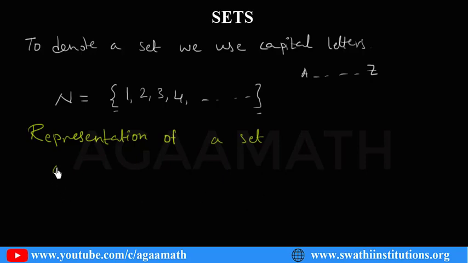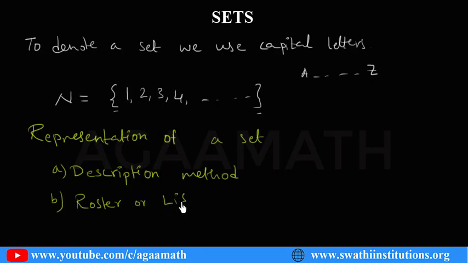One method is said to be description method. And another method is roster method or list form, roster form or list form.